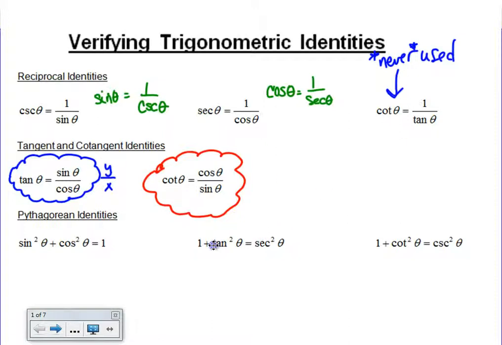And then here we have somebody called the Pythagorean identity. Who do you think came up with these guys? Maybe Pythagoras? That's a person, you know, right?